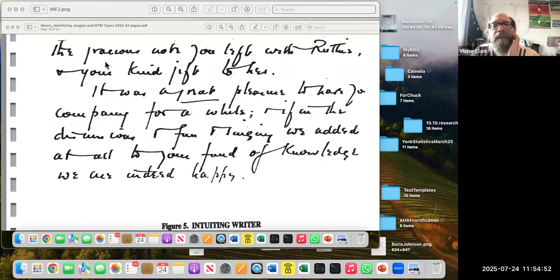And in which case it would be the intuition and the sensing that would be on that cross on the arm, the auxiliary or the tertiary.